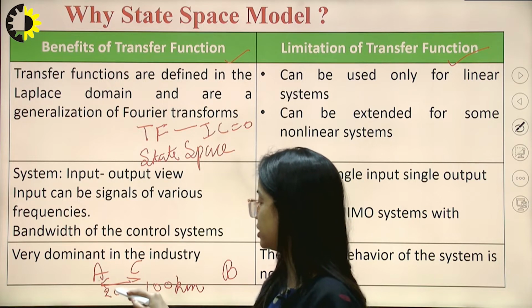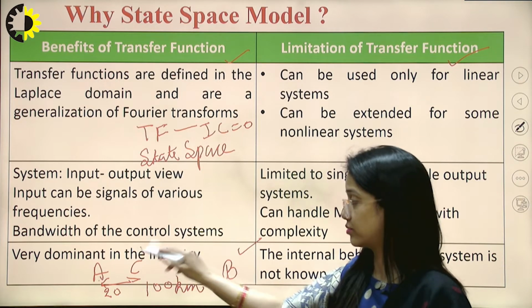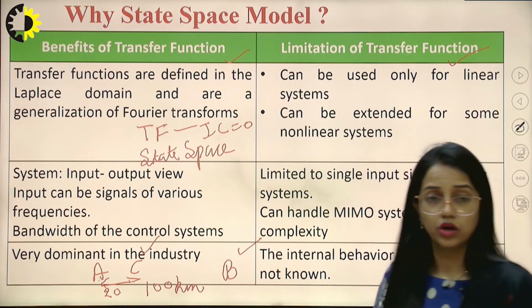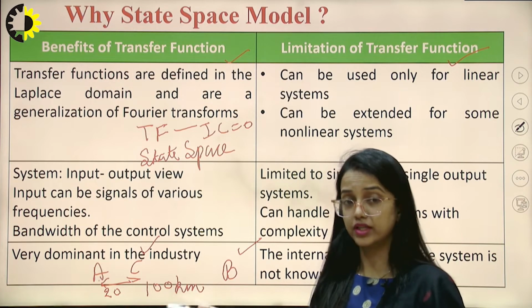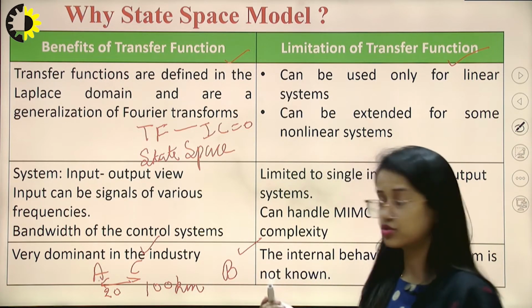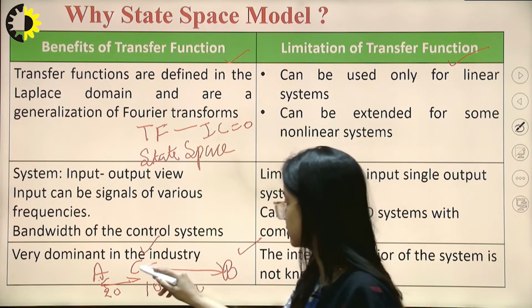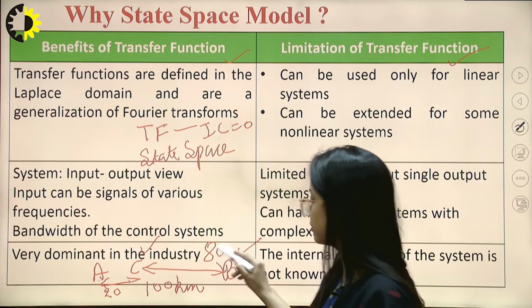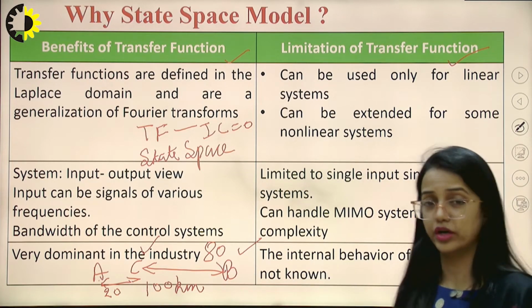Ultimately, I have to reach point B from point C instead of point A. So, initially, I have covered a distance of 20 kilometers, and the net distance which I now need to cover is only 80. I have to make my calculations and my analysis only for 80 kilometers, not for 100 kilometers.